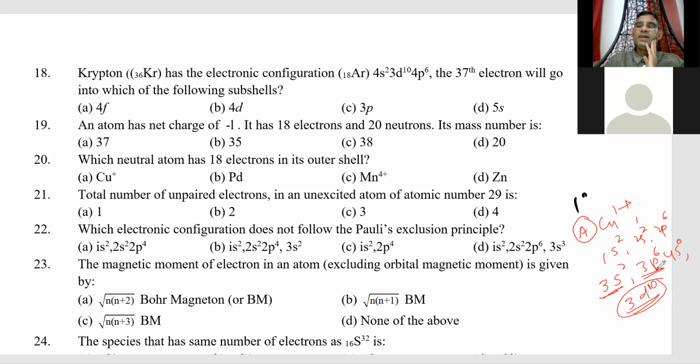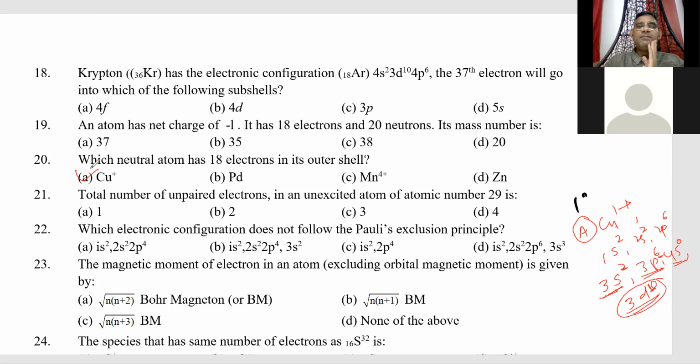After this, 4s will lose 1 electron because it is 1 plus charge now. So this third shell will become the valence shell, and in this valence shell of Cu1 plus, 18 electrons will be there. 2 plus 6 plus 10 is 18. So Cu1 plus will be the answer.